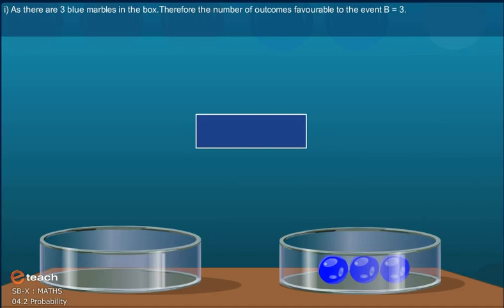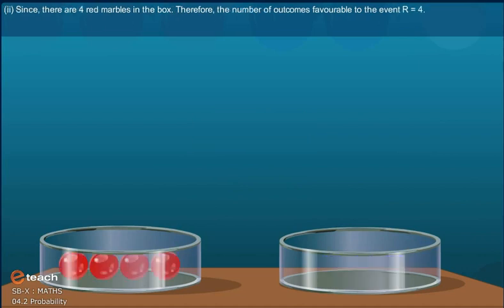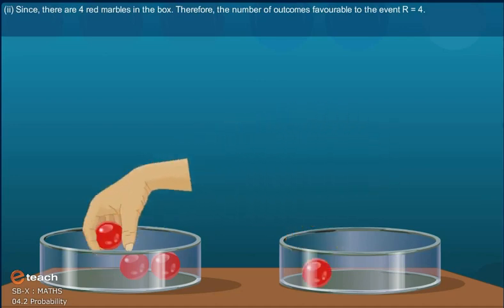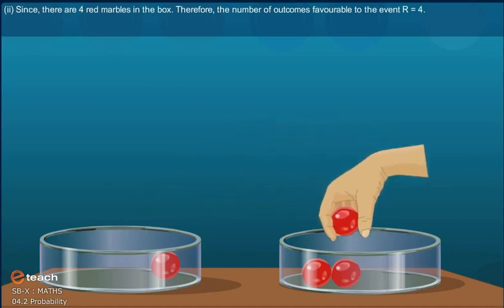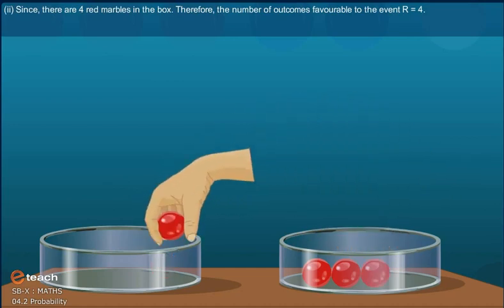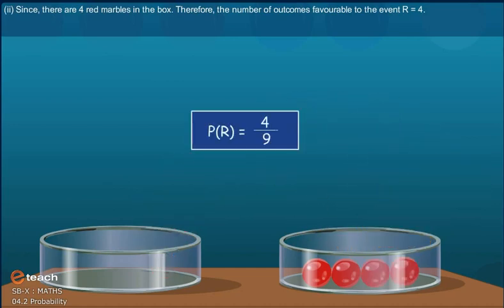So, P(B) is equal to 3 upon 9. 2. Since there are 4 red marbles in the box, the number of outcomes favorable to the event R is equal to 4. So, P(R) is equal to 4 by 9.